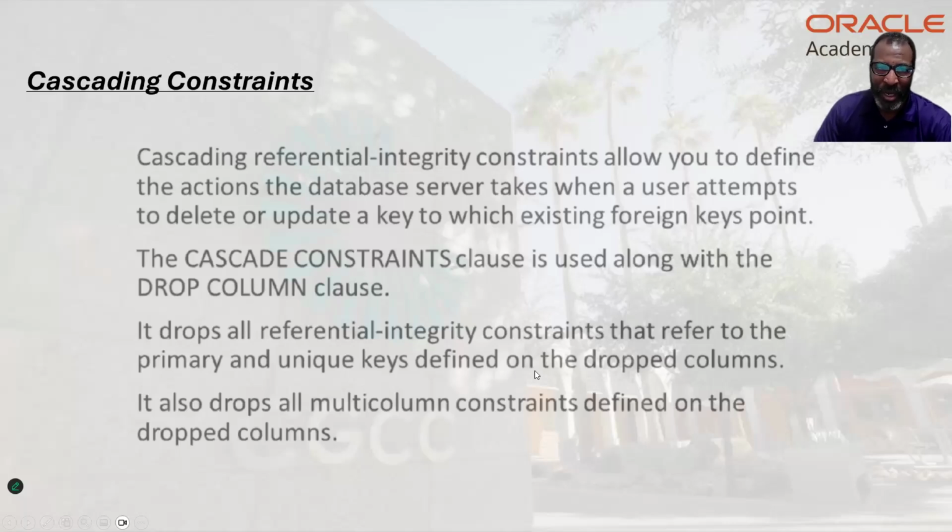All right, so this cascading basically allows you to define everything without impacting the referential integrity. If that's enabled, you don't have to worry about impacting the integrity.